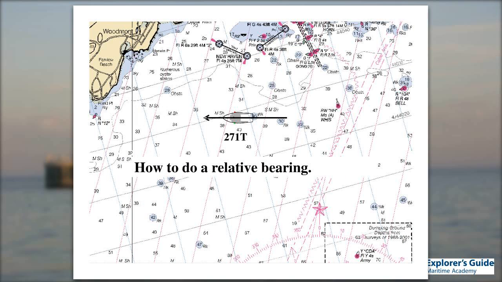Relative bearing. If you use heads up on radar, you're using relative bearing. If you have a person out in the front of the boat watching for obstructions, they're also using relative bearing since they don't have a compass up there. So here we have a heading of 271 true, and we want to take a relative bearing of some buoys.